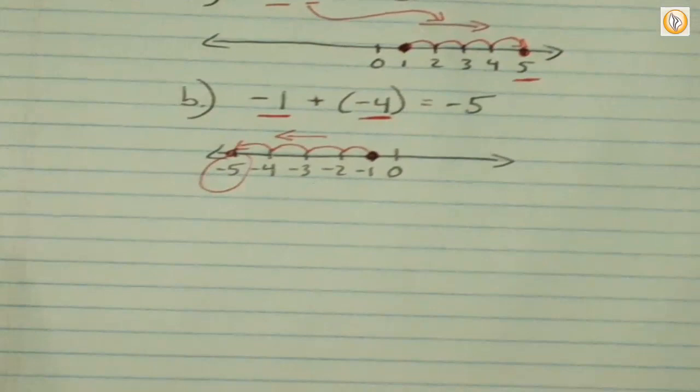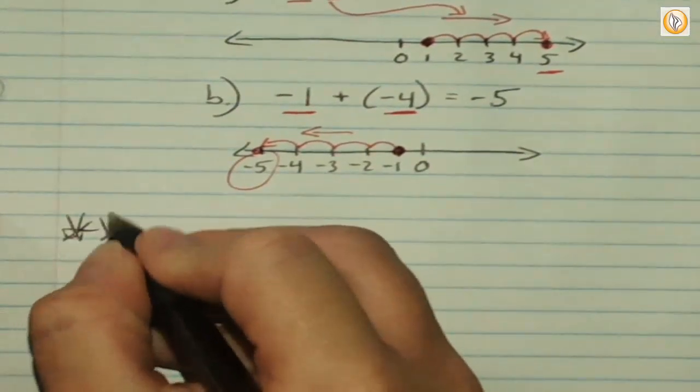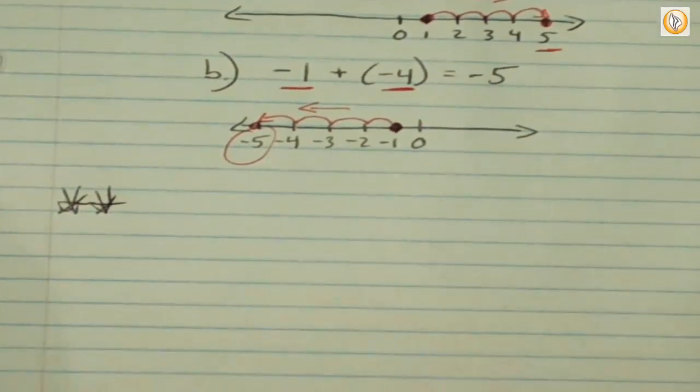Okay, now we get into the meat of things. I'm going to put 2 stars. And I'm going to repeat this rule multiple times to drill it into your head.